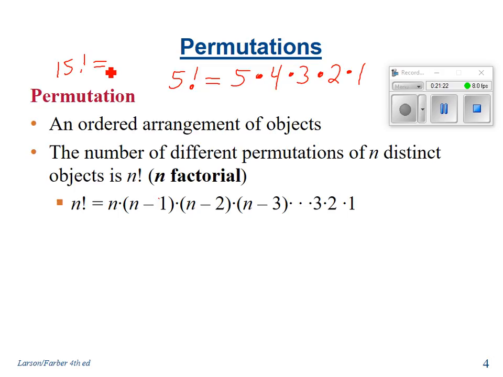But if you hit the math button and scroll over to probability and look down through there, the fourth one on my calculator, it might be different on some calculators, is factorial.